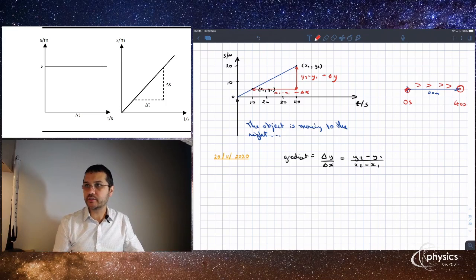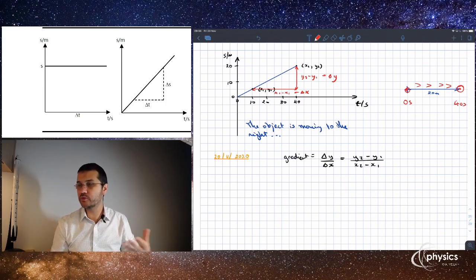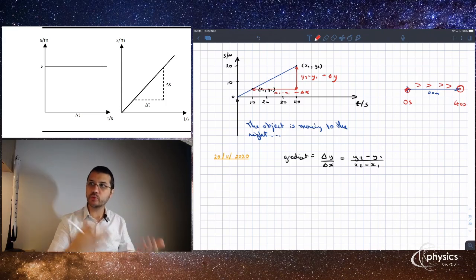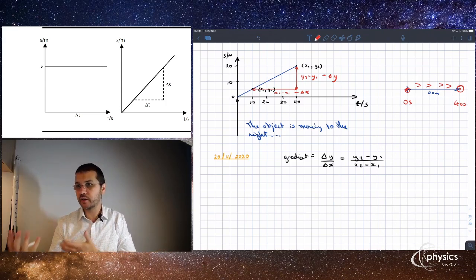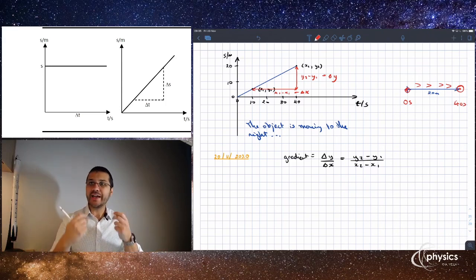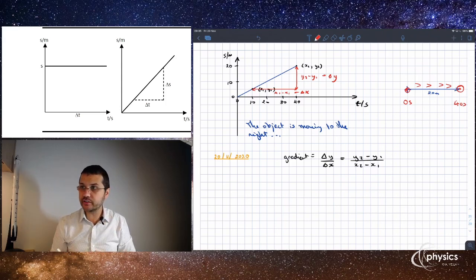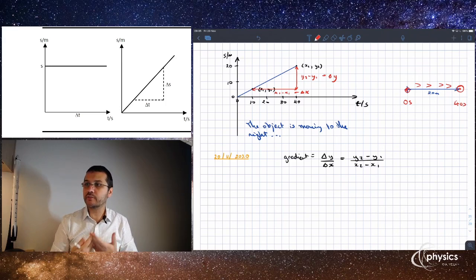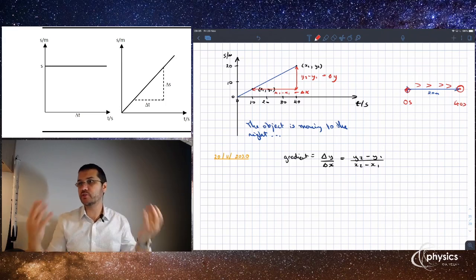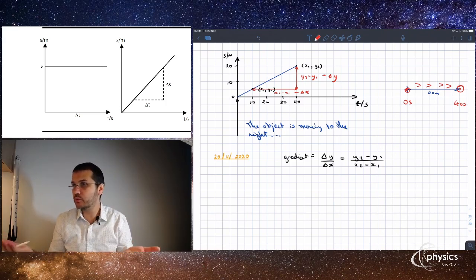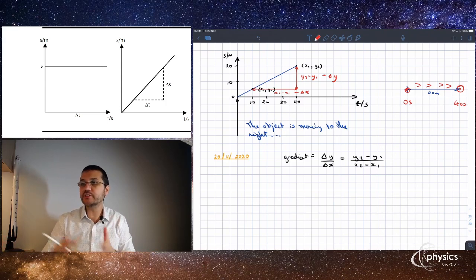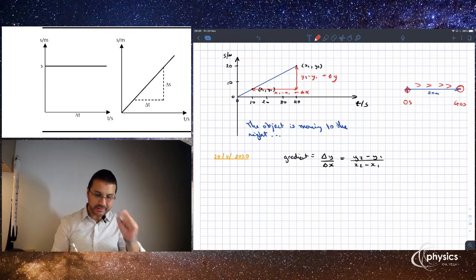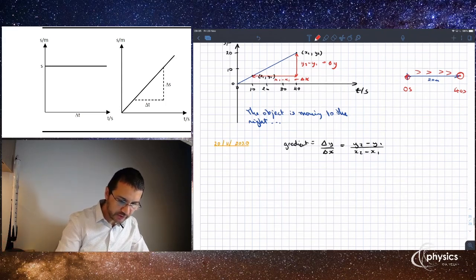Although gradients are practically mathematical tools, as usual in physics, we use those mathematical tools to find something in reality. And in physics, each and every gradient represents something. Alright? In physics we don't use gradients just to find the slope of the graph. The slope of the graph has to represent something. And in this case, the slope of the graph represents what? Look.